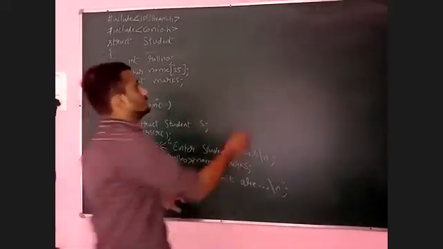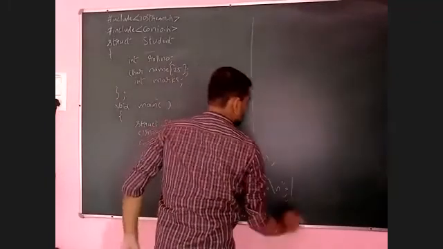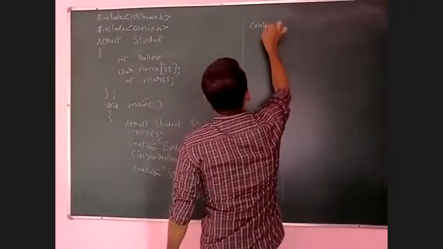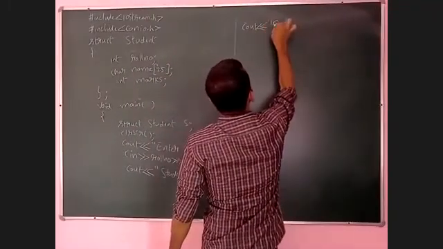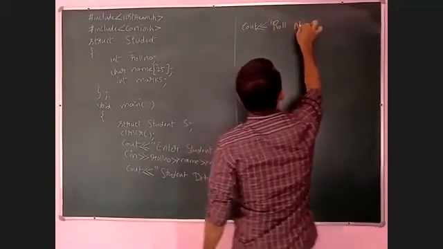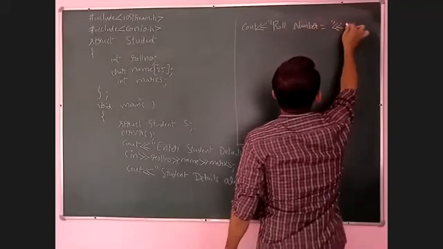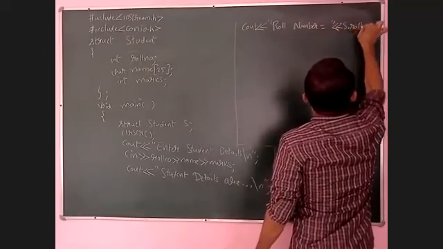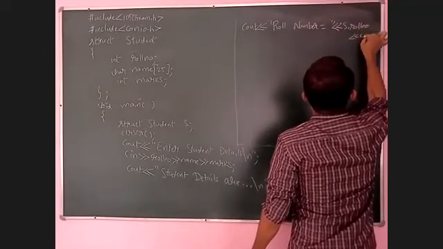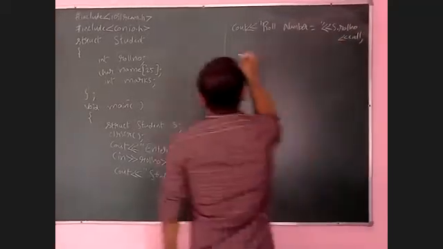Then here I will write the statements. Roll number is equal to s dot roll number, the value.